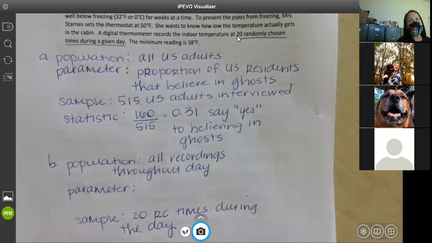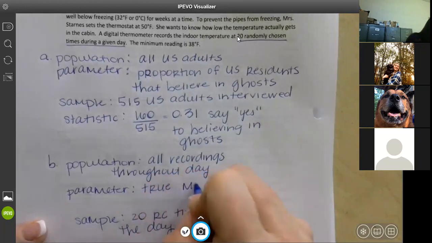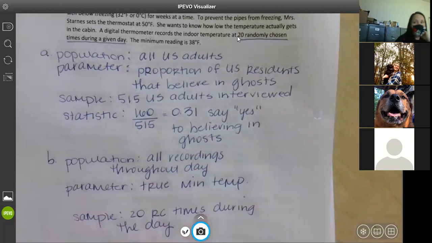What are we actually looking for? The actual parameter, what did she want to know? We wanted the true minimum temperature. You could have said how low the temperature actually gets in the cabin. That's perfectly fine. Mackenzie, what you said is perfectly fine.